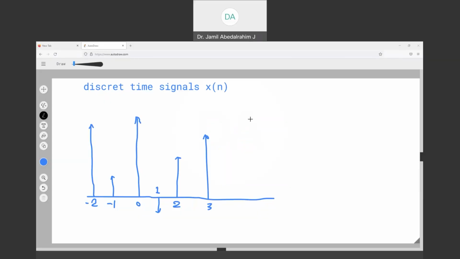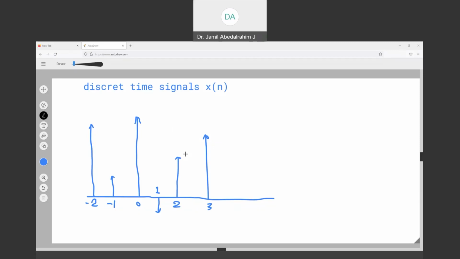Today we continue our lecture. As I mentioned last lecture, there are three types of signals: analog, digital, and discrete signal. And we concluded from the previous lecture that the discrete signal is the most important signal that we will use in this subject.